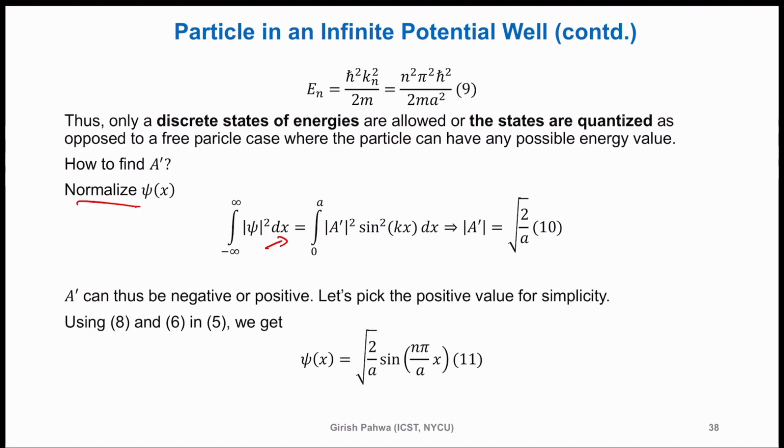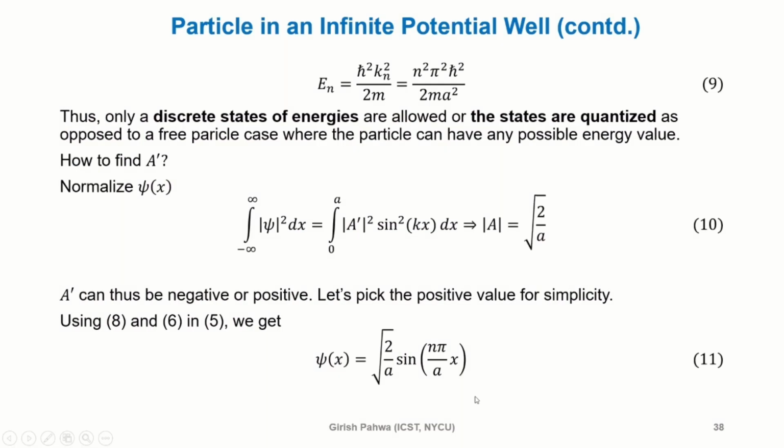I get psi x is equal to root 2 by a into sine of kx. K is n pi by a. So this is what my wave function is. Okay. So this is the normalized wave function. If you take minus infinity to infinity mod psi square dx, that's going to give you equal to 1.